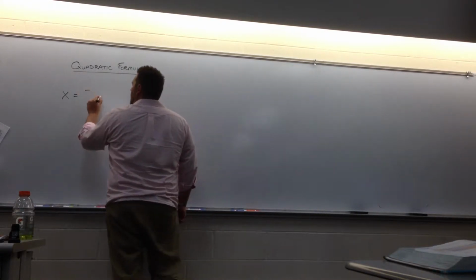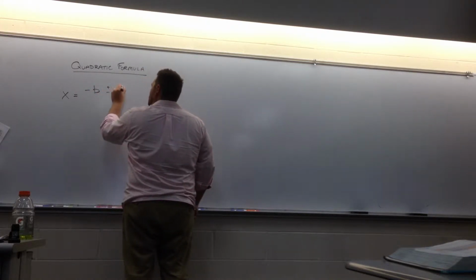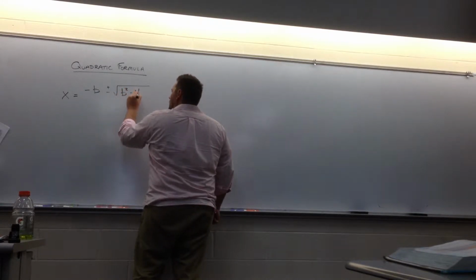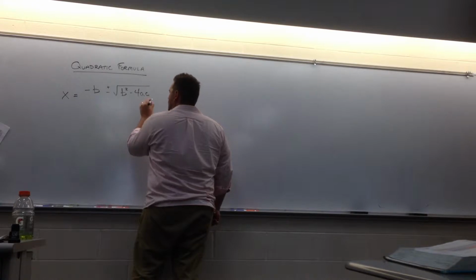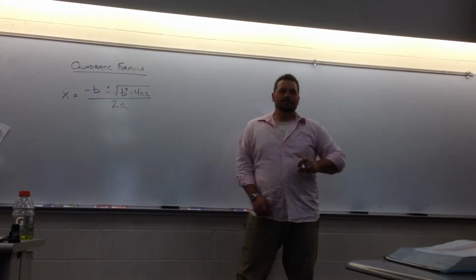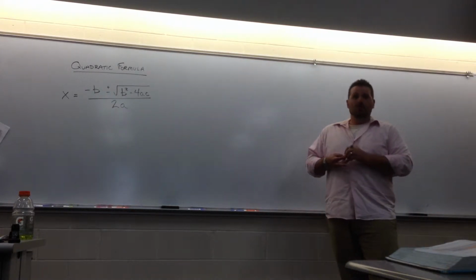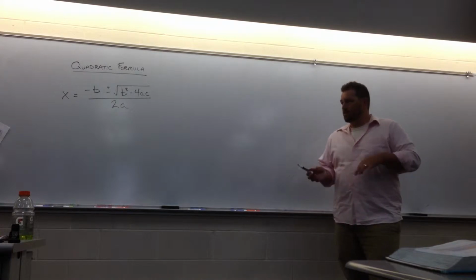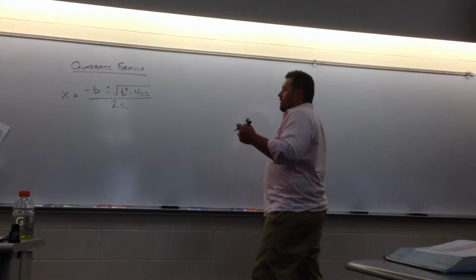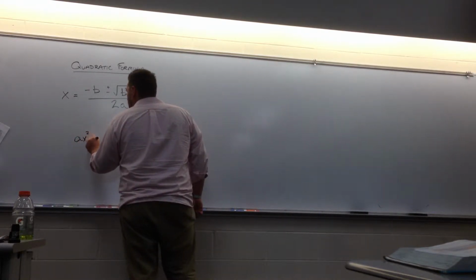And then we have negative b plus or minus the square root of b squared minus 4ac, all over 2a. It looks really complicated, it looks really scary, but I guarantee you, once we start using it, it's not that bad.